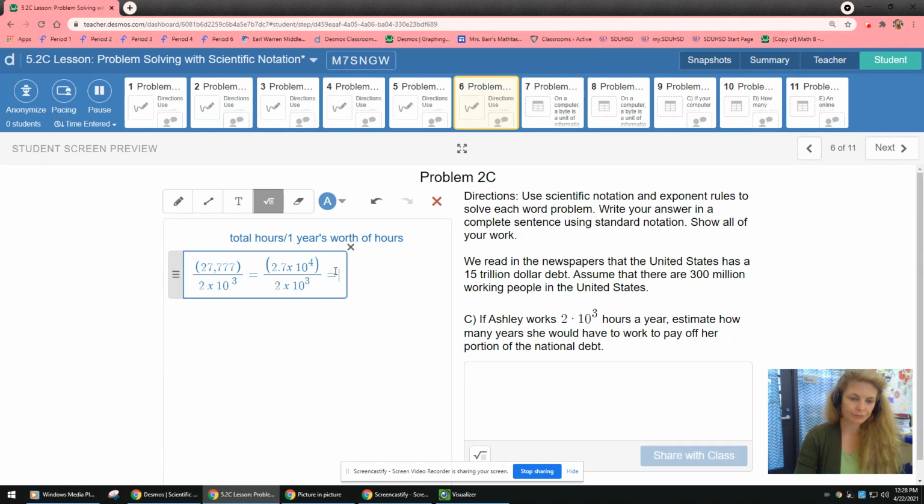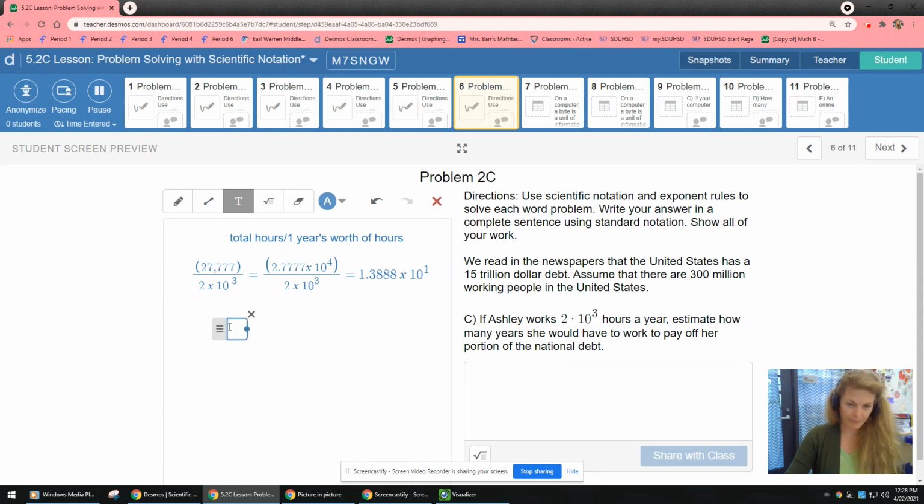So from here, we know that 2.7 divided by 2 is about, there'd be a bunch of 7s there. We should not round. Okay. We get about 1.3888 times 10 to the first, which when we rewrite this in standard form, move the decimal over once to the right, that'd be 13.888 years.